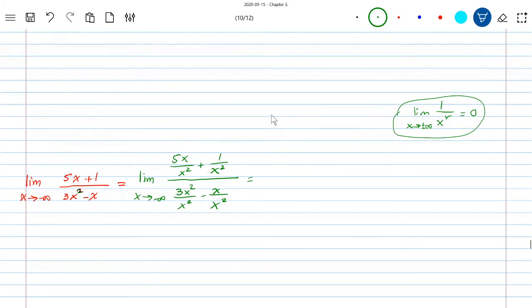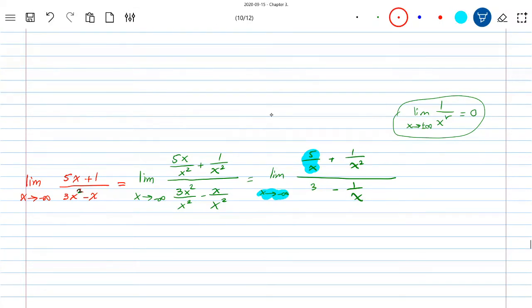Okay, simplify. What you get is the limit as x approaches negative infinity of, in the numerator, 5 divided by x plus 1 over x squared, and in the denominator, 3 minus 1 over x. Now you can use this property. What is the limit of 5 over x as x approaches negative infinity?